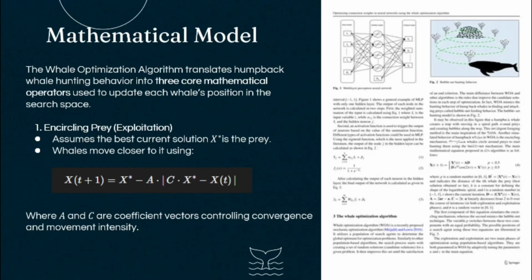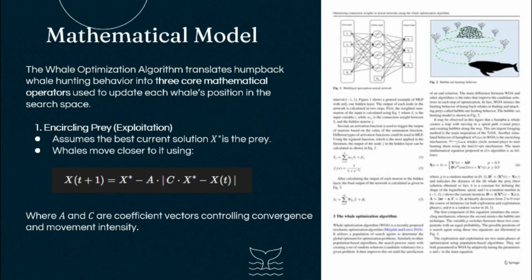Now coming to the mathematical model, the whale optimization algorithm translates humpback whale hunting behavior into three core mathematical operators. The first mathematical operator is encircling prey, which represents exploitation. The algorithm assumes that the best solution found so far is the prey and all whales move towards it.